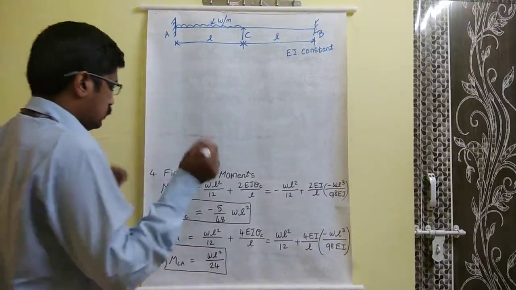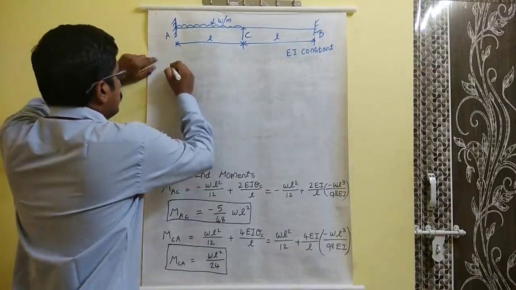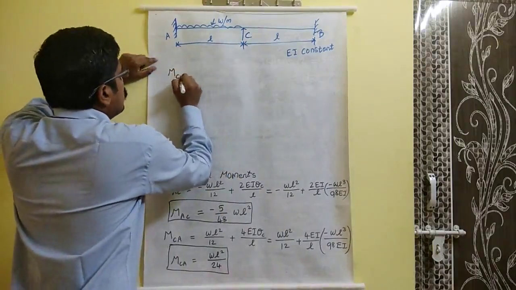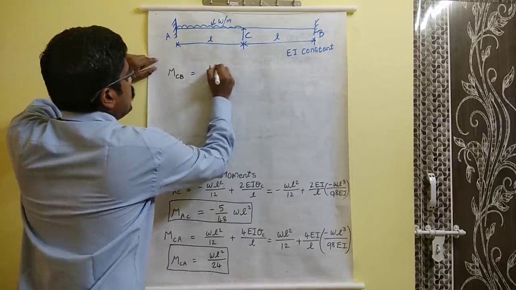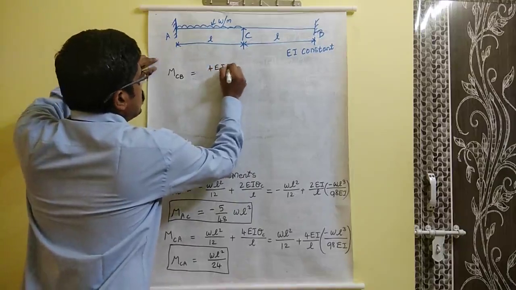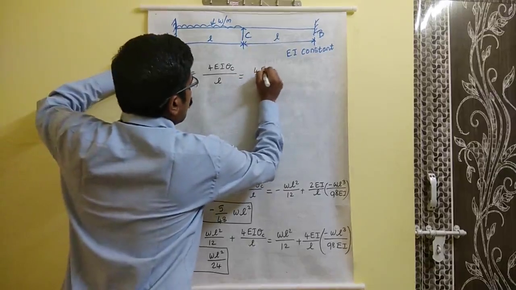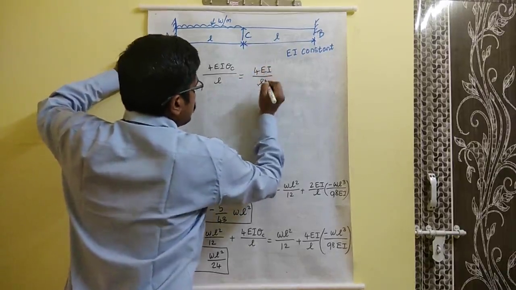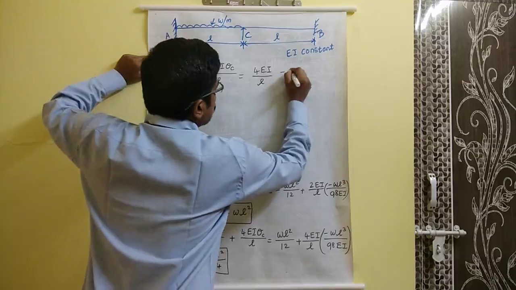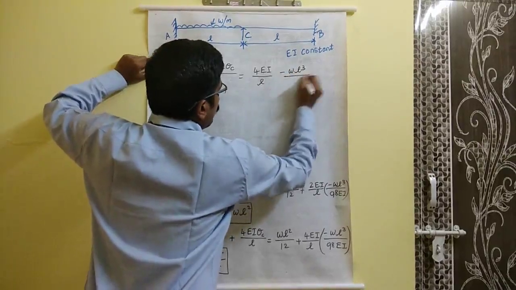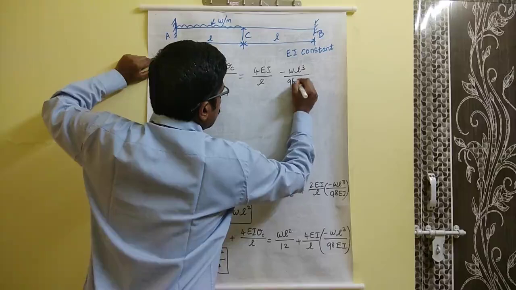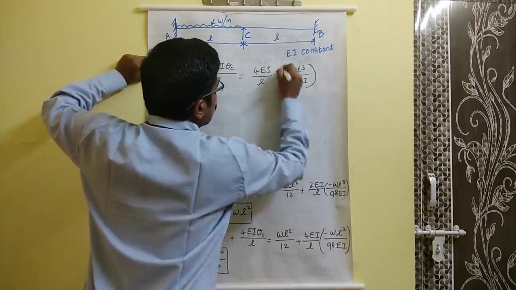This is the continuation of the final moment step. Next we need to calculate MCB. We know the formula 4EI theta C divided by L. We are going to substitute the value of theta C, which we know is minus WL cube divided by 96 EI.